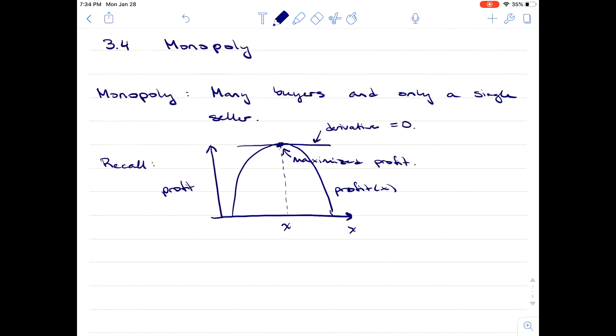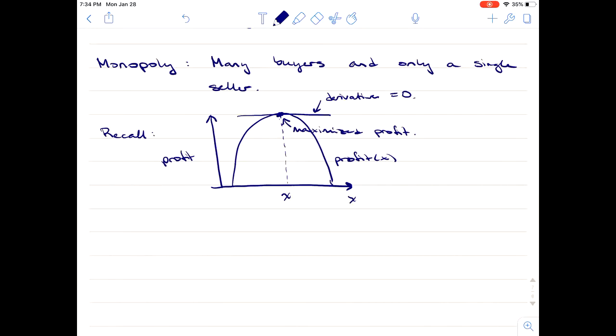So how these questions are going to go, they're going to be very similar to question 4 on your practice test. Notice that I've given you the total revenue and the total costs. With that information, it looks a little different than what we've been seeing before, right? But with that information, we can develop a profit function.